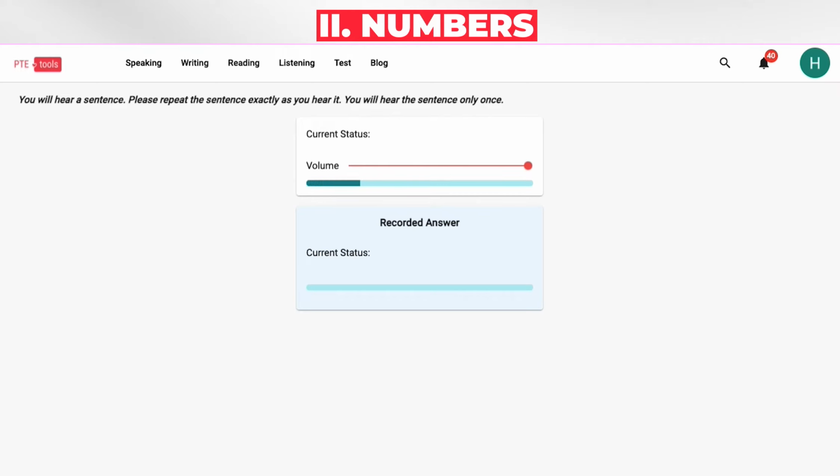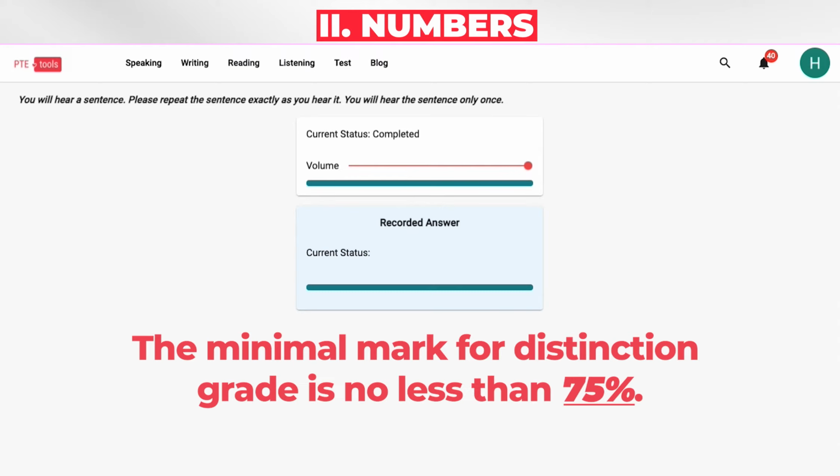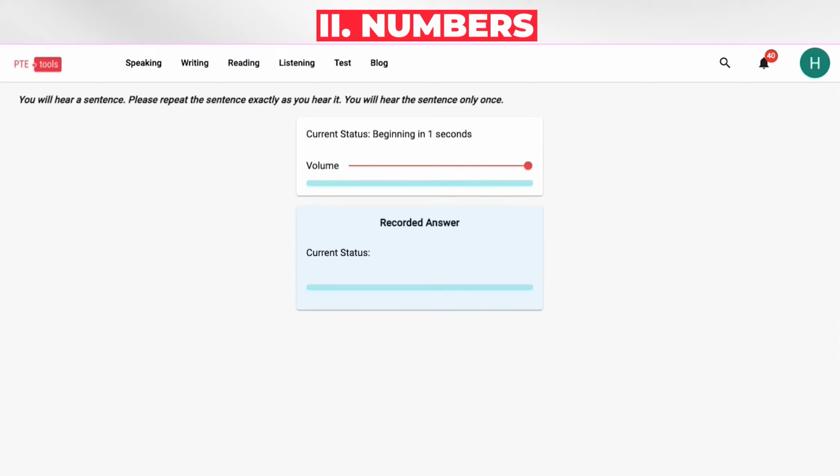The minimal mark for distinction grade is no less than 75%. To contact the Education faculty, call the Secretary on extension 401.